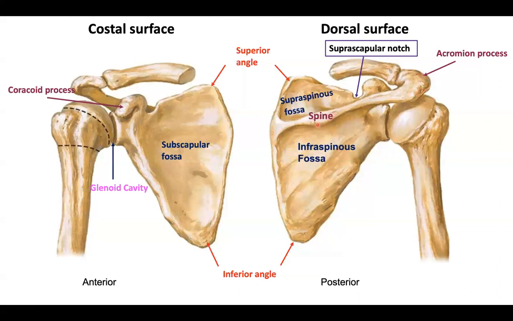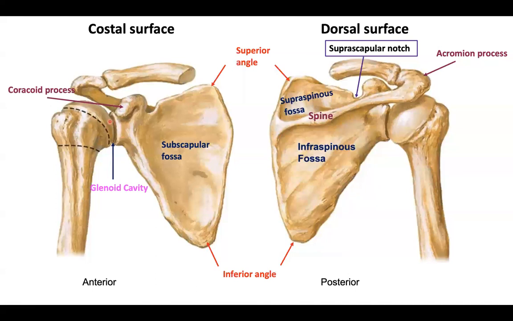And on the spine, this prominence is the deltoid tubercle, origin site for deltoid. And scapula has 3 fossae: subscapular fossa on the costal surface, supra and infraspinous fossa on the dorsal surface. And on the supralateral aspect of the scapula, there is a shallow depression, which is known as glenoid cavity. And the glenoid cavity articulates with humerus, and it forms the shoulder joint.